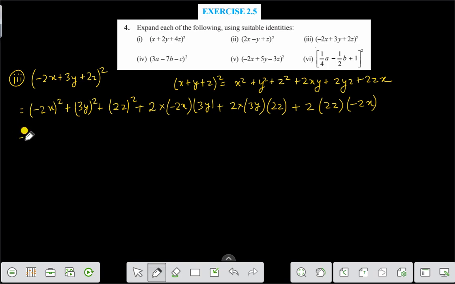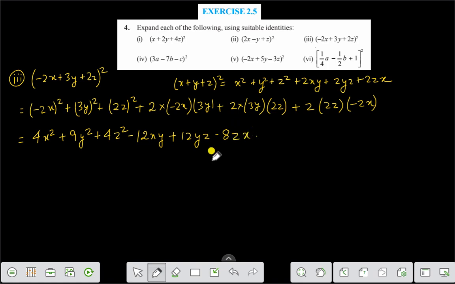Therefore, we are getting minus into minus, that is plus, 4x square plus 3 into 3 is 9y square plus 2 into 2 is 4z square plus minus 2 into 2 into 3 is 12, minus 12xy plus 3 into 2 into 2 is 12yz minus 2 into 2 into 2 is 8, minus 8zx. Right?